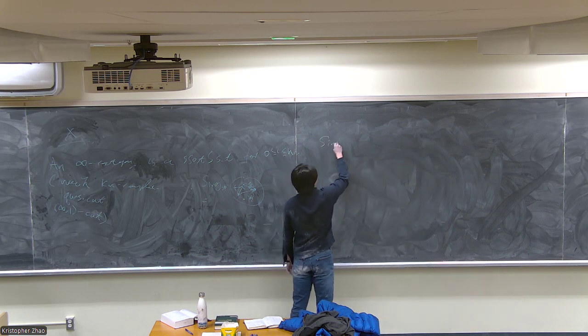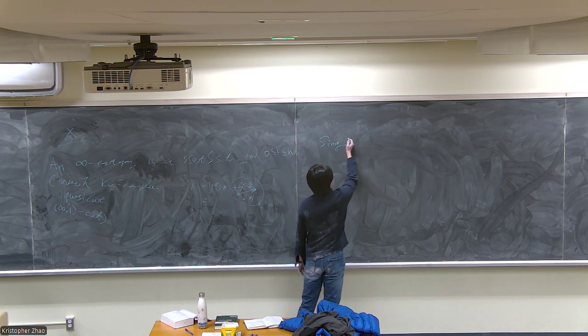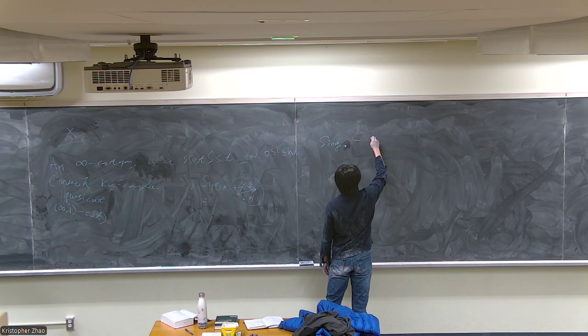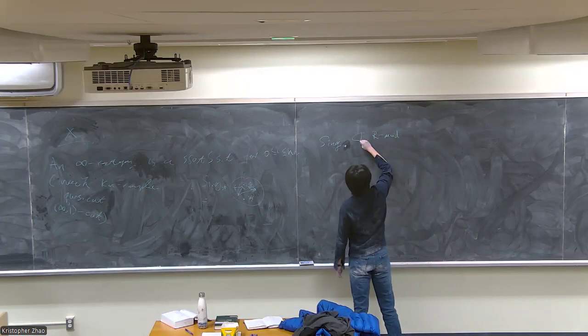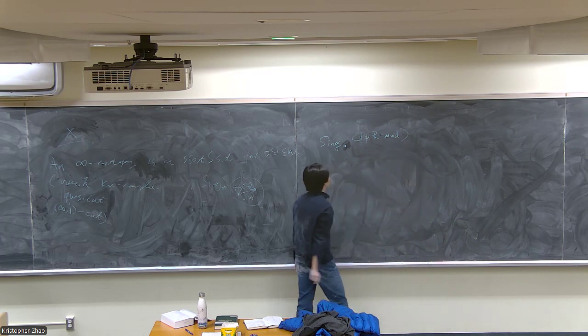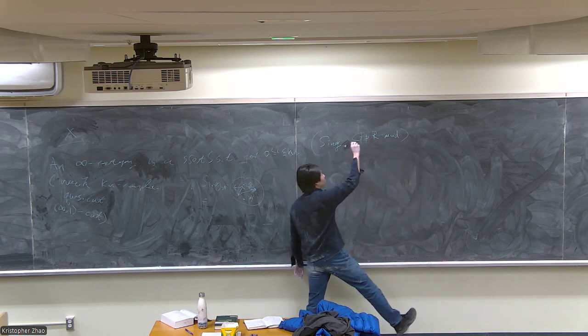Take the finite projective R-modules, and this gives you a monoid.